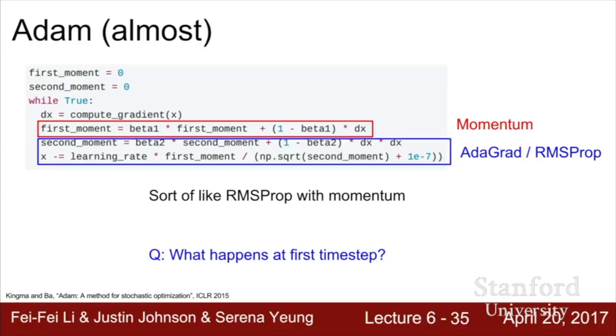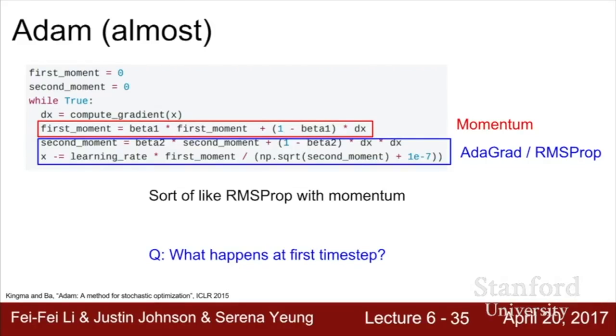But there's a little bit of a problem here, and that's the question of what happens at the very first time step. At the very first time step, you can see that at the beginning, we've initialized our second moment with 0. And after one update of the second moment, typically this beta 2 second moment decay rate is something like 0.9 or 0.99, something very close to 1.